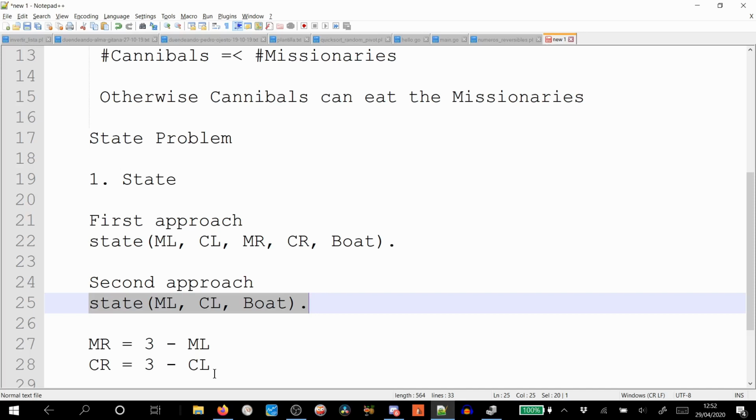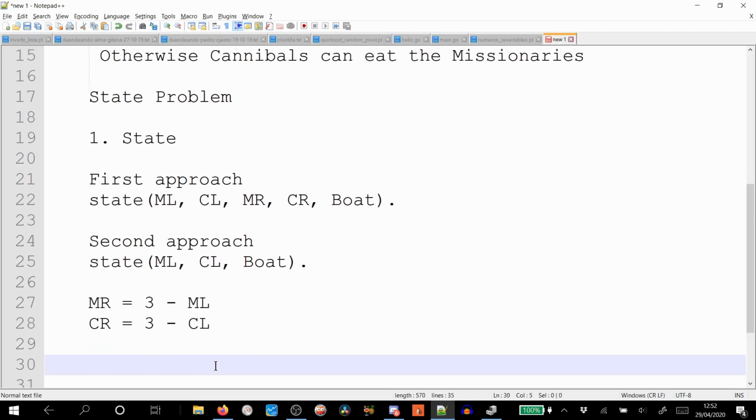Don't worry about the situation in the middle of the movement. In the boat only 2 people can go, so there are no problems. Never can the cannibals eat the missionary inside the boat, because with only 1 and 1 it's not possible to have more cannibals.